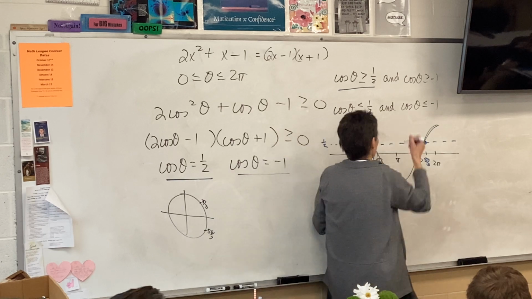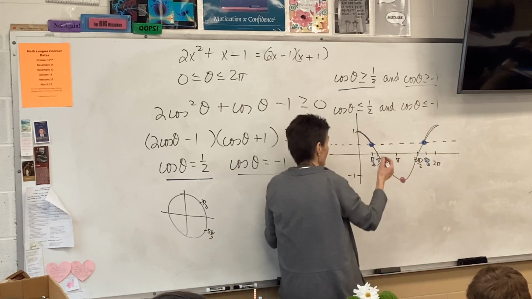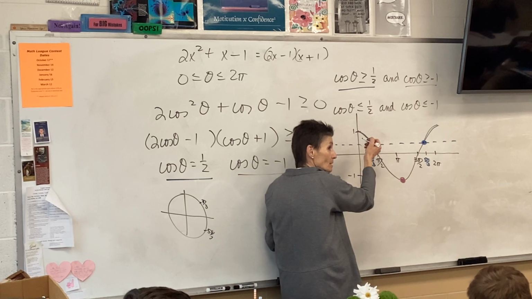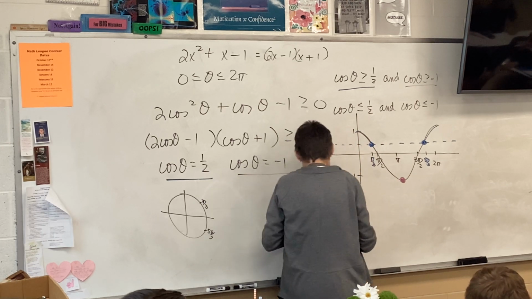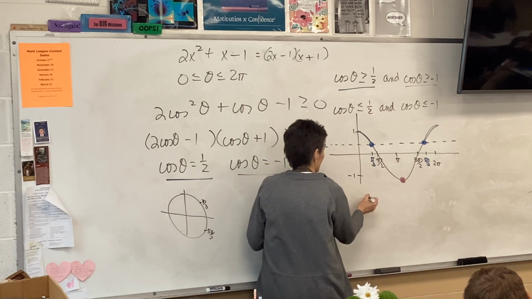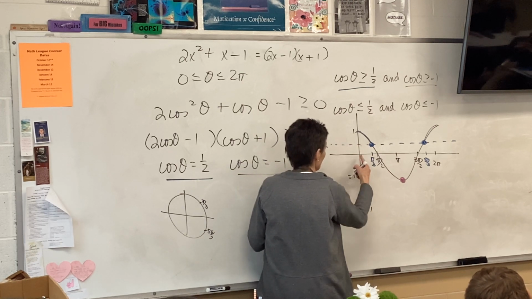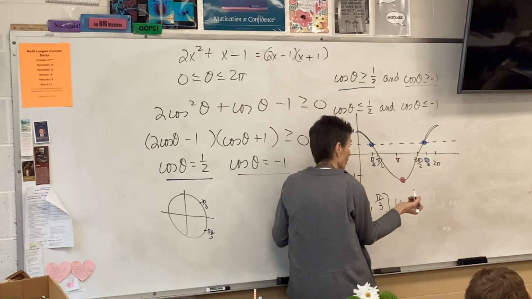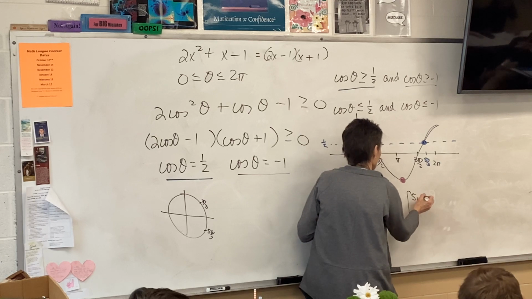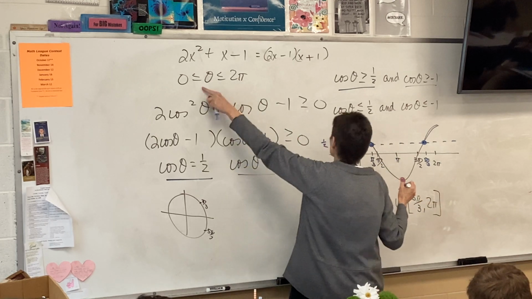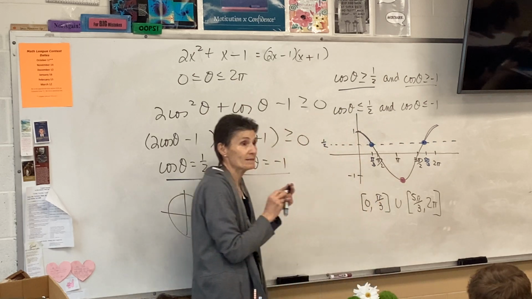The whole thing would be colored in pink. So where's the overlap? What is the answer to that problem? 0 to pi over 3, or 5 pi over 3 to 2 pi. Does that make sense to everybody?